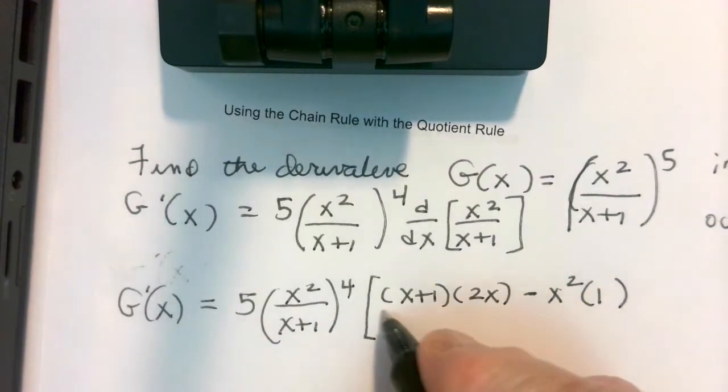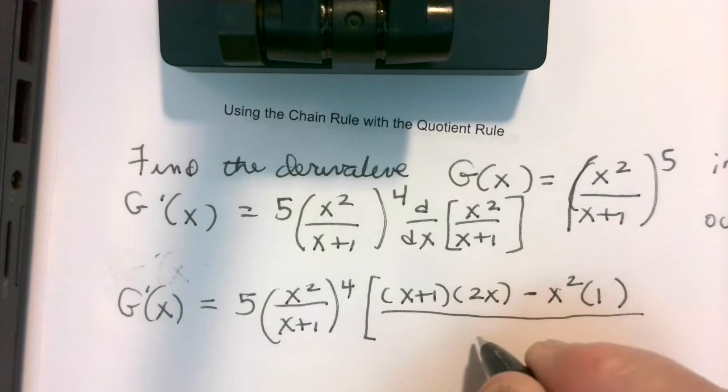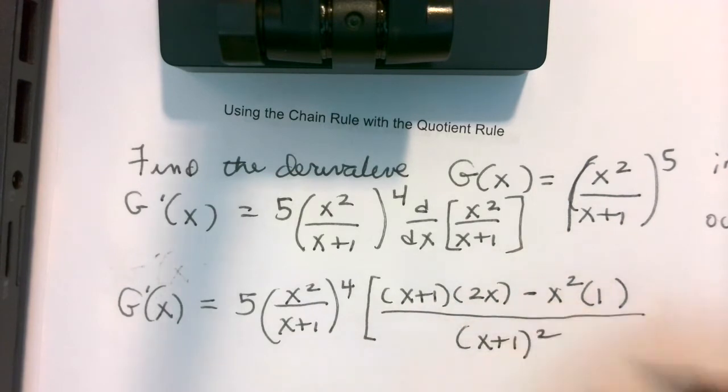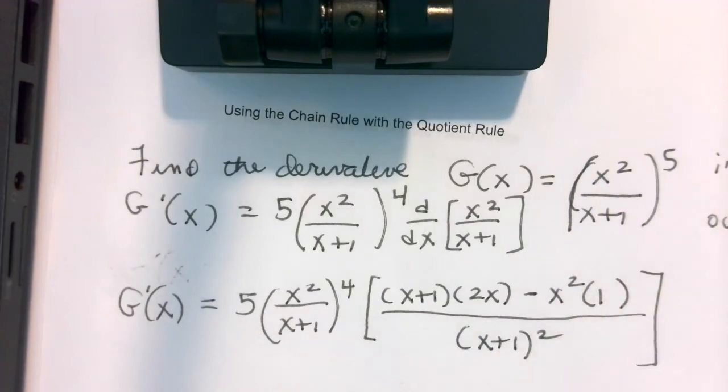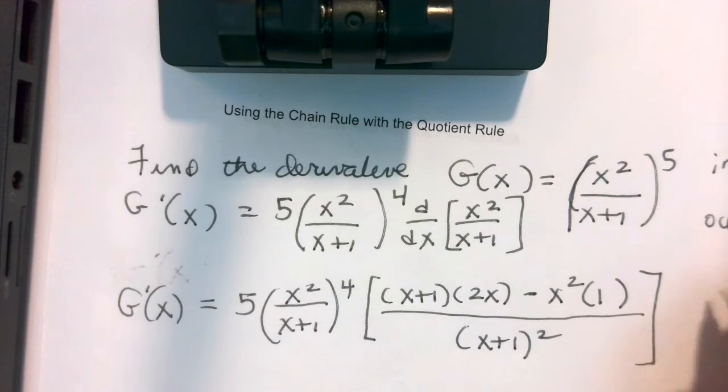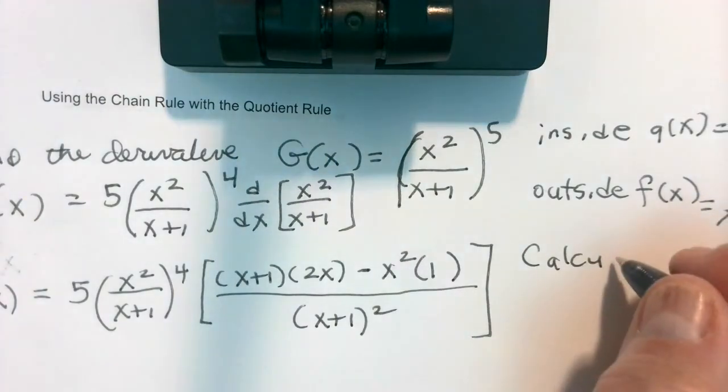And that's all over the bottom squared. Now, that's all the calculus. The rest of it is just simplifying it or getting it into a factored form.